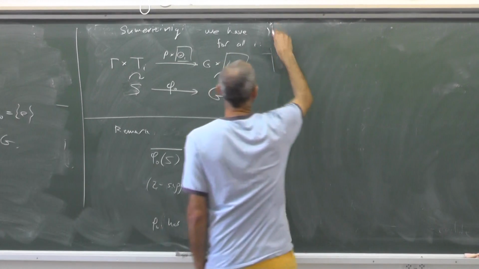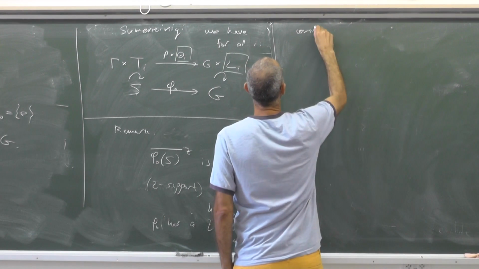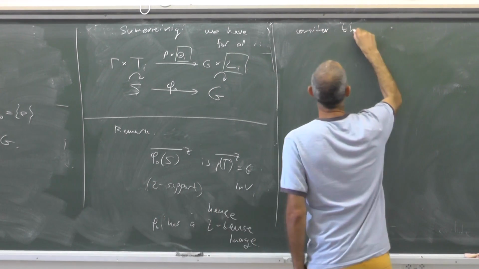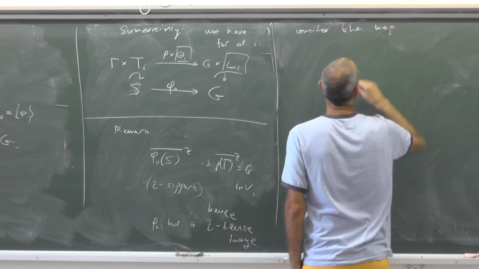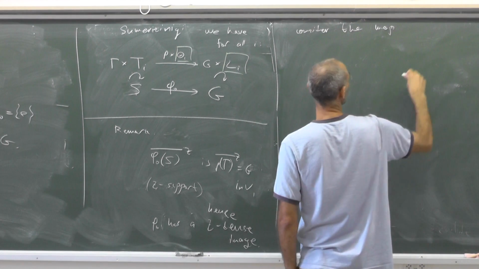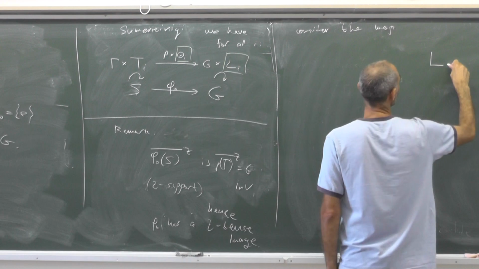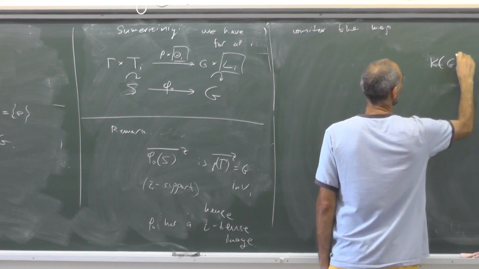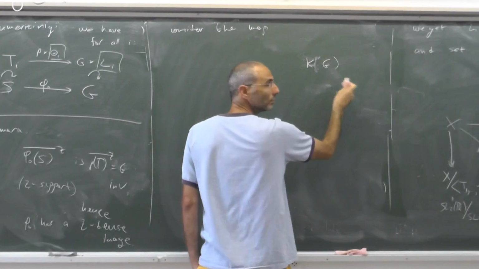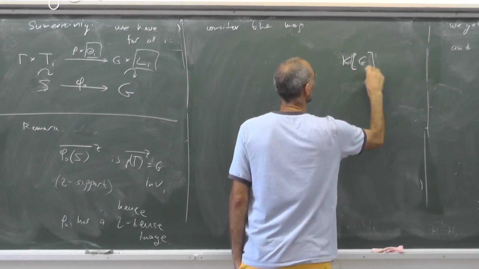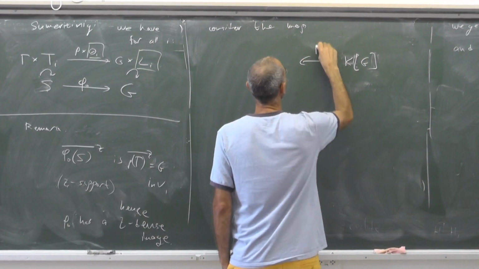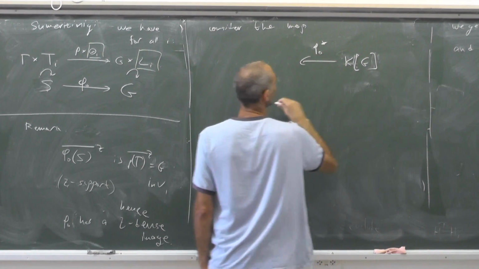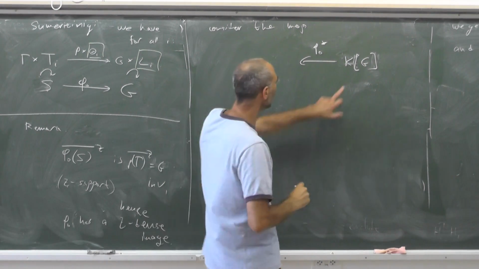And now we consider the map, which maybe we should call phi0 star, from here to, okay, so what is this?